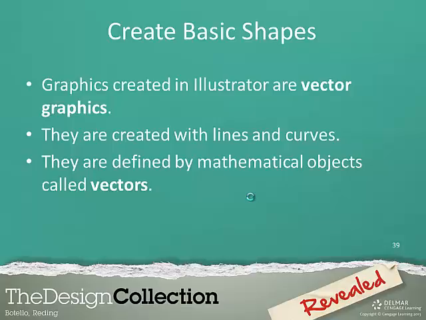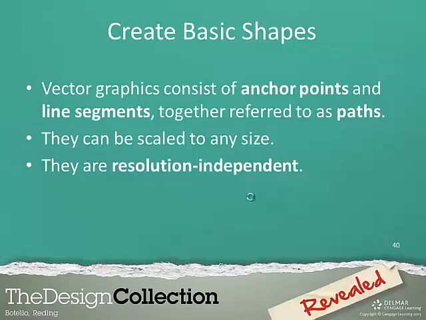Graphics created in Illustrator are vector graphics, which means they are created with lines and curves, and they are defined by mathematical objects called vectors. Vector graphics consist of anchor points and line segments together, referred to as paths, and they can be scaled to any size. They are resolution independent, which means that any graphic that you create in Illustrator can be output to fit on a postage stamp or on a billboard.